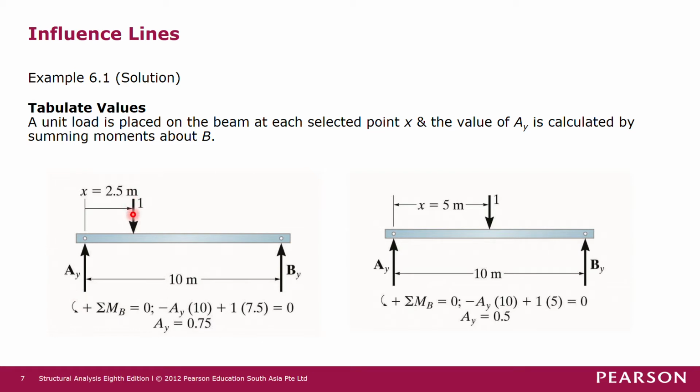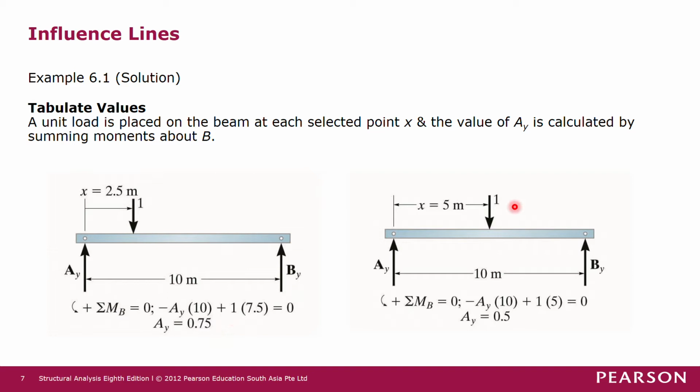If we get negative, which is the downward direction, then AY is negative. So we are just using one direction as positive, that is upward positive. In this case, with a 1 unit force at 2.5 meters away, if you sum moment at joint B here, and we take anti-clockwise moment as positive, so sum of moment at joint B is minus AY times 10 plus 1 times 7.5 meters, equals 0. So in this case, AY equals 0.75.